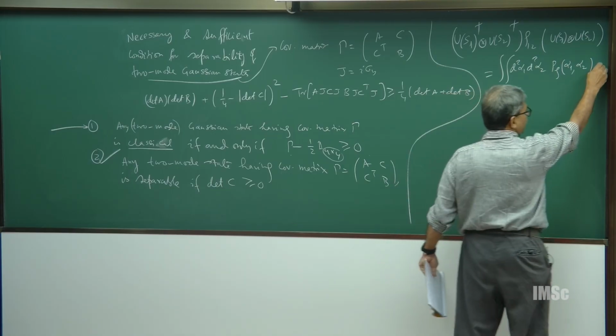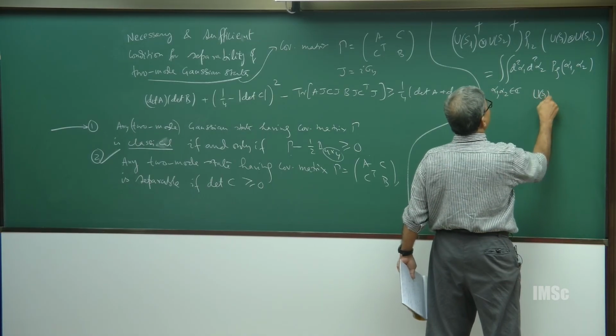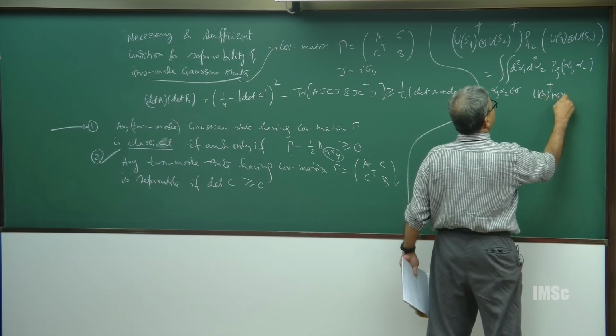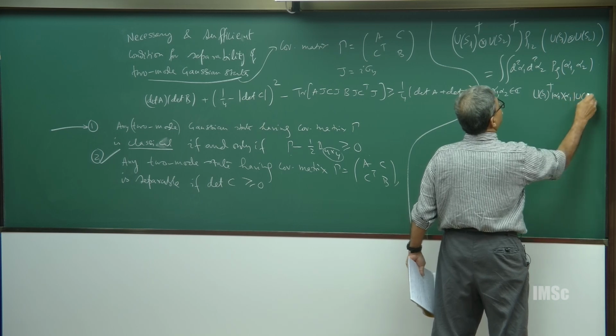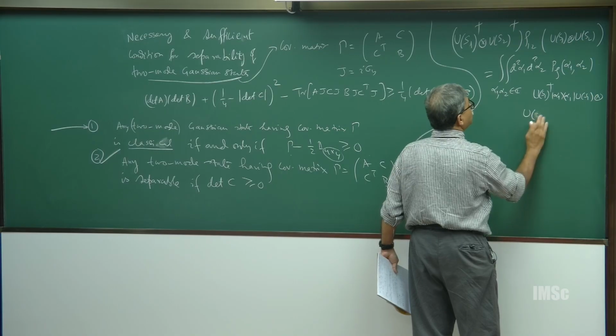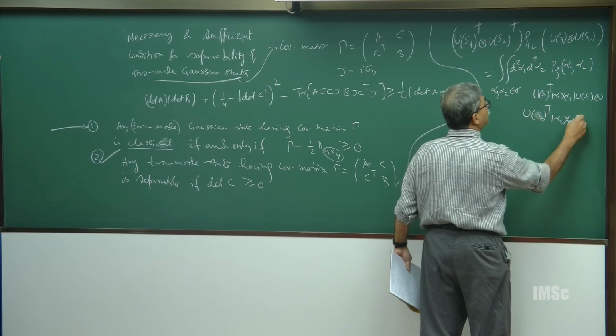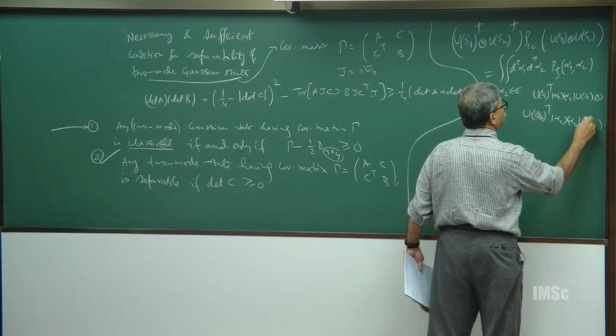So, what you are looking at is the action of U of S_1 dagger on alpha_1, U of S_1, tensor product U of S_2 dagger on alpha_2, U of S_2. Okay.